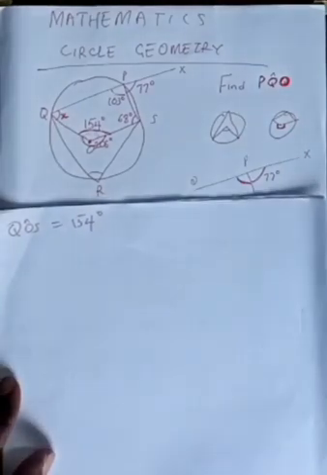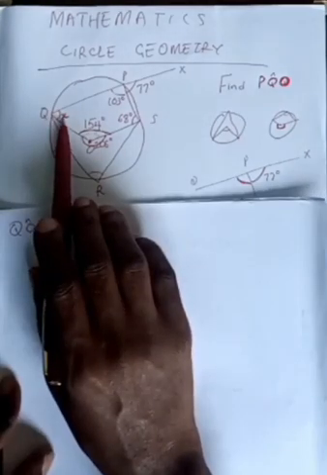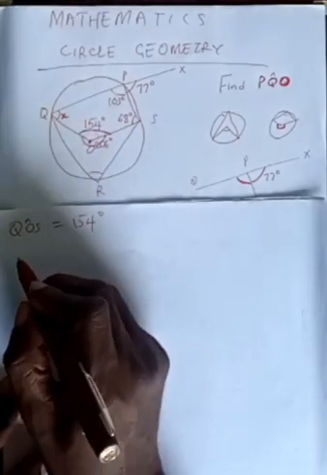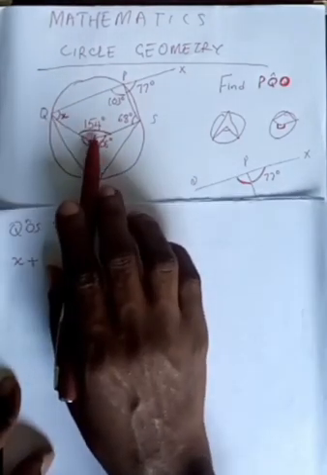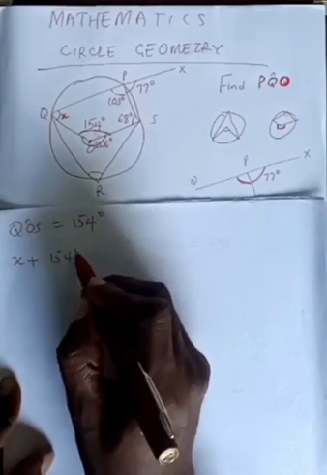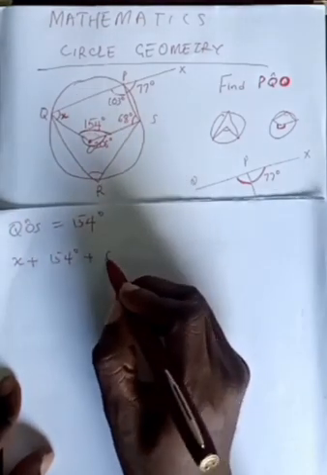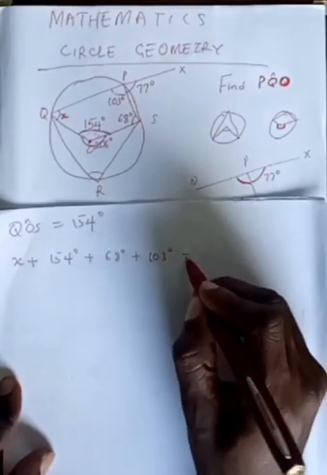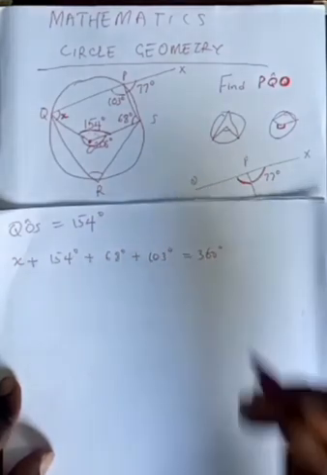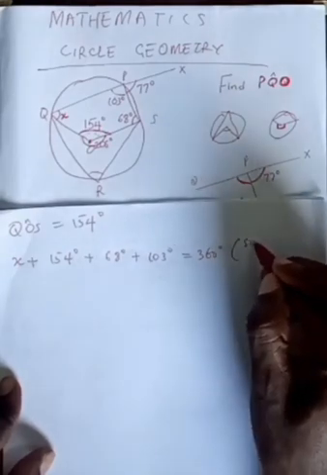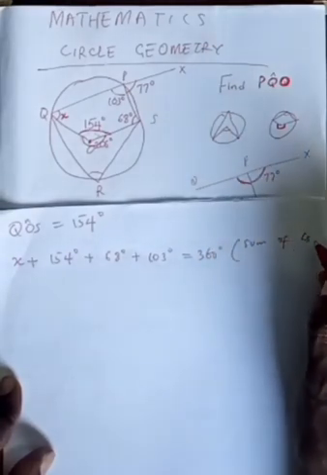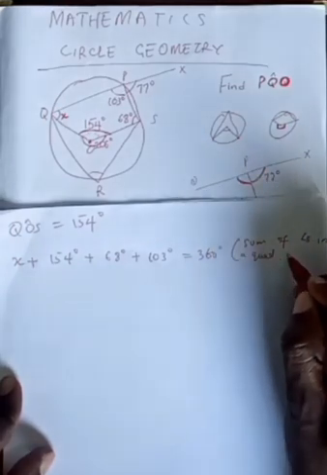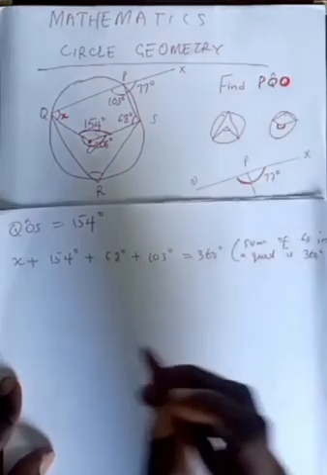This X which we are asked to find here is PQO. So angle X, plus this angle, plus this angle, plus this angle gives 360 degrees, since the sum of angles in a quadrilateral is 360 degrees.